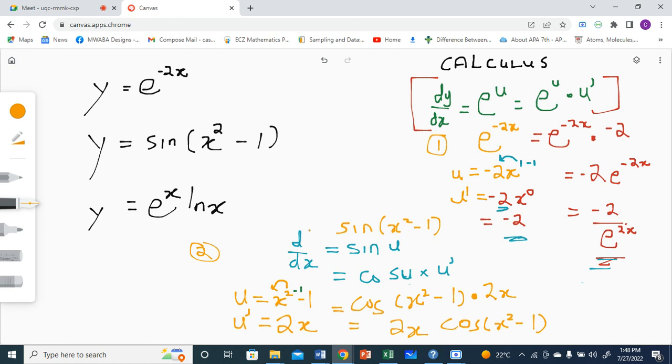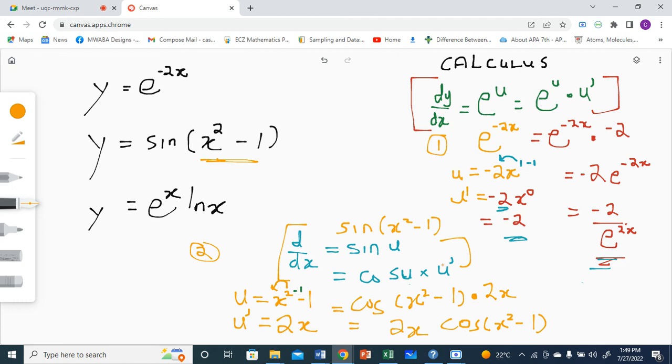Whenever you're differentiating trig functions, you're always going to have a function attached to the trig function. In this case, it's this x squared minus 1. What you have to remember is the principle: the derivative of sine u is cosine u times the derivative of u.